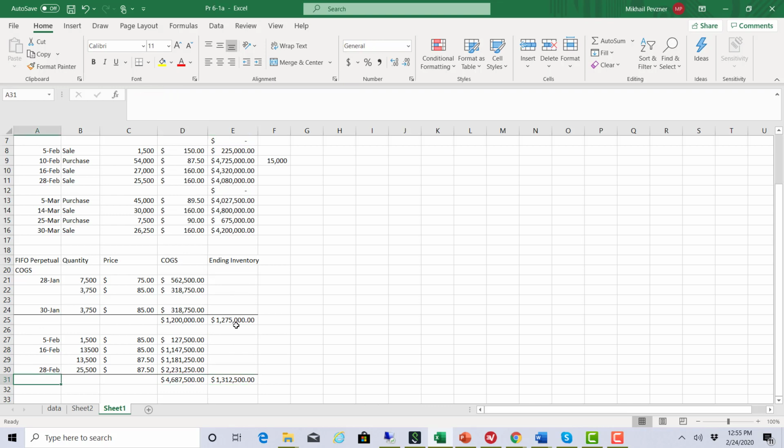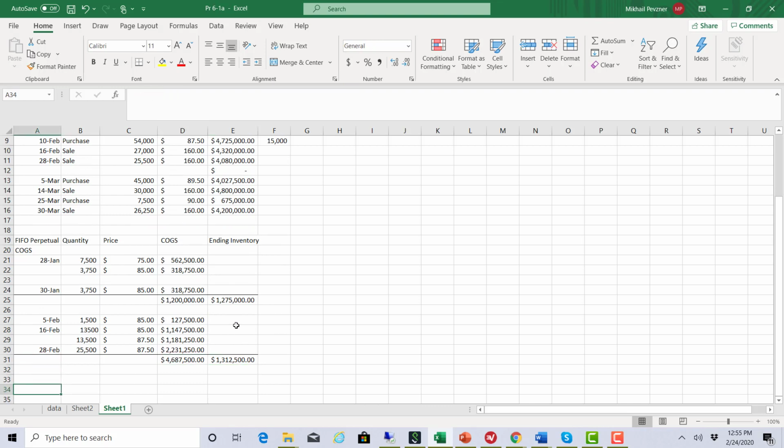All right, now I'm going to March. I have another purchase of 45,000, but first we need to exhaust inventory for the March 14th sale, first in, first out. I'm going to take the remaining 15,000 units at 87.50, and so none are left here.